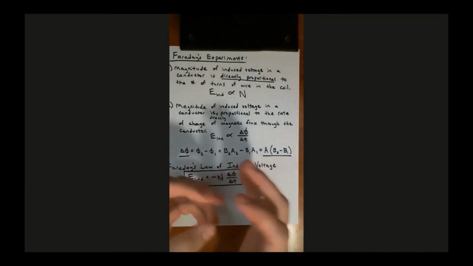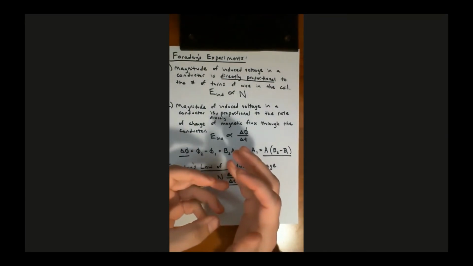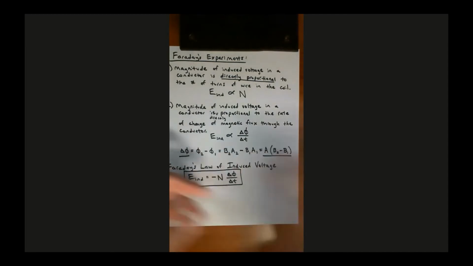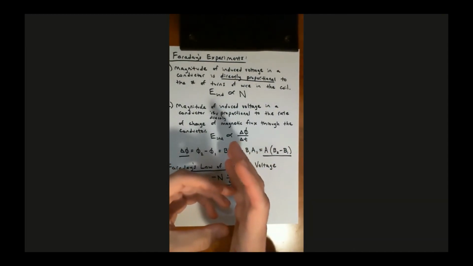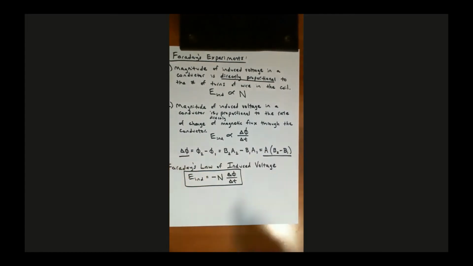If I'm moving them fast, the delta T will be small. It won't take very long to move it back and forth. If it's slow, then I have a large delta T, and if I divide by a large number, then my output voltage will be smaller. All right, so that's what delta T means. You would increase the speed of relative motion, which would result in a smaller delta T, which would result in a larger output voltage.